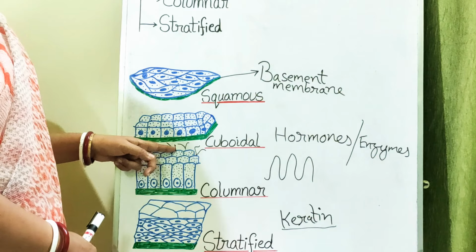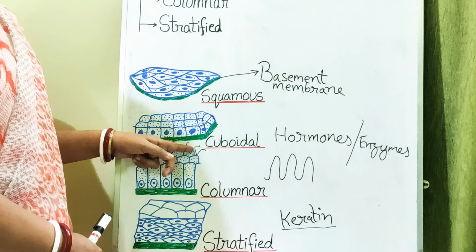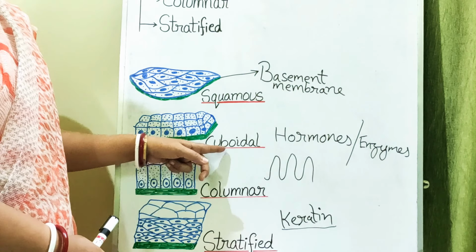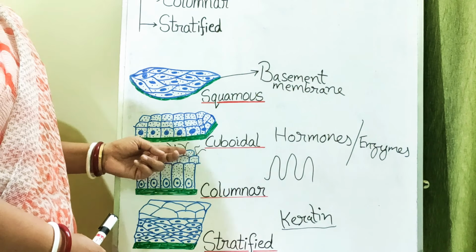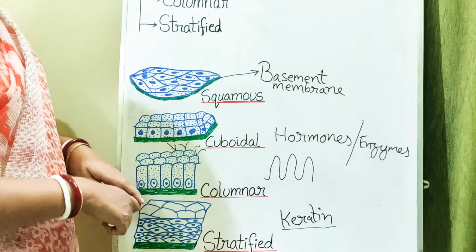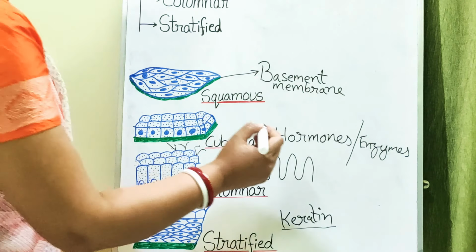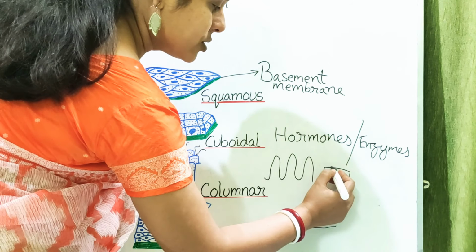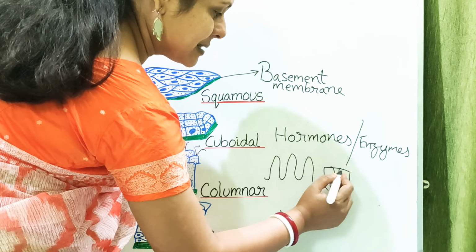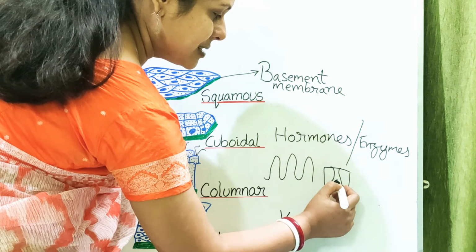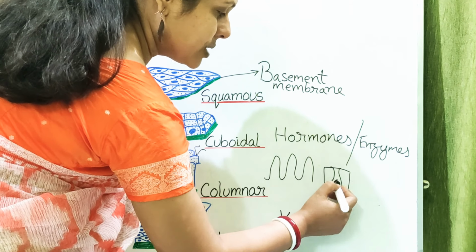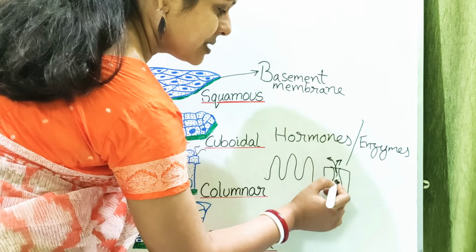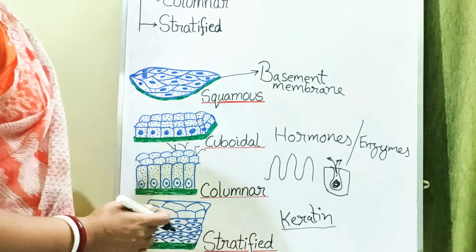And columnar tissues, when they are provided with hairy projections, are called ciliated epithelial tissue. Even cuboidal tissues also sometimes form the cilia. And sometimes it is noticed that, suppose this is an epithelial cell, invagination of the epithelial cell takes place, and here some secretory substances are produced, so that they can release secretions into the surroundings, which can be hormones or enzymes.